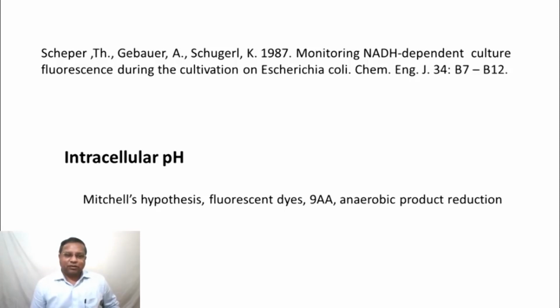In fact, Peter Mitchell won the Nobel Prize for this hypothesis. This essentially says that a hydrogen ion gradient across an intact membrane is what provides the energy for ATP formation from ADP. So, in some sense, you can link the energy status of the cell to the intracellular pH level.